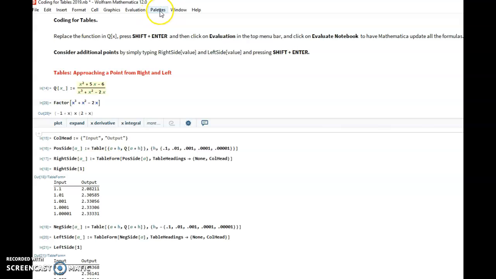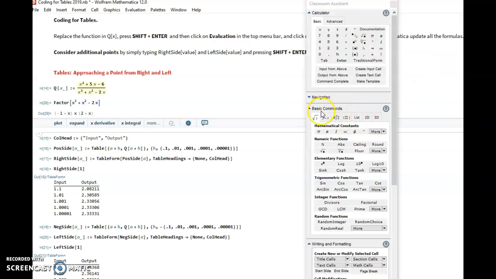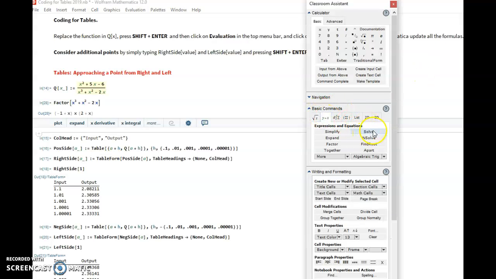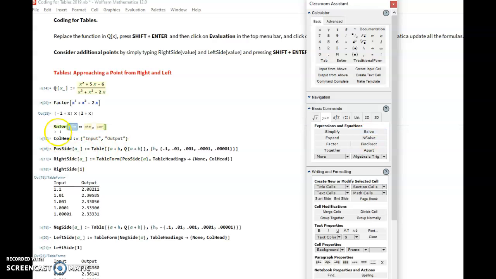We could also use the solve command. I'm going to open up the Classroom Assistant palette, and in the y equals x, I'm going to use the solve command here and say, where does this function q of x equal 0 for the variable x?